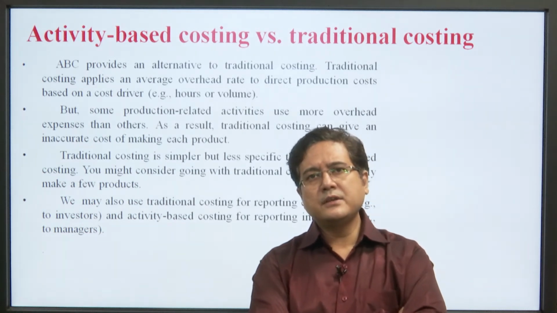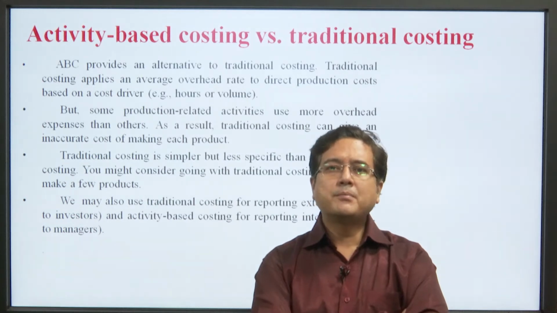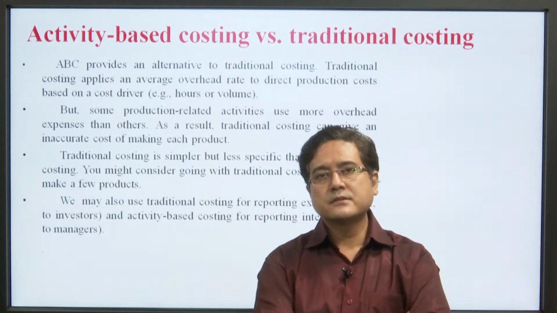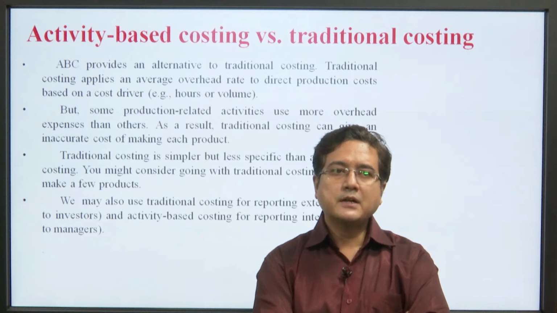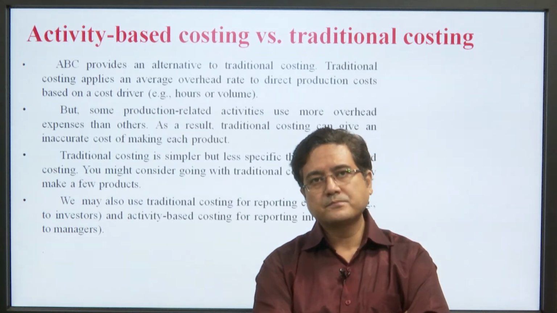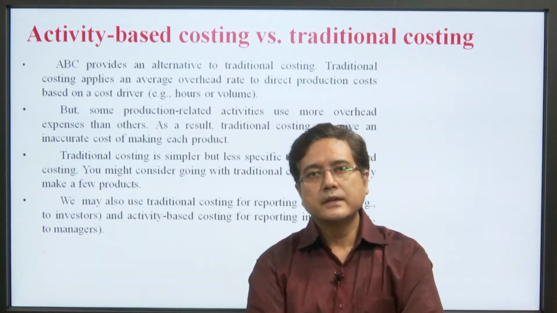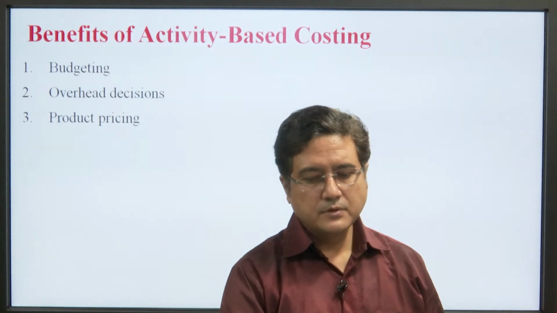If we publicly announce it, then our competitors are also able to find out the rates of costing, which will create difficulty for us in future. Therefore, traditional costing is a part of reporting to the investors, while ABC is a part of the internal environment and managers.